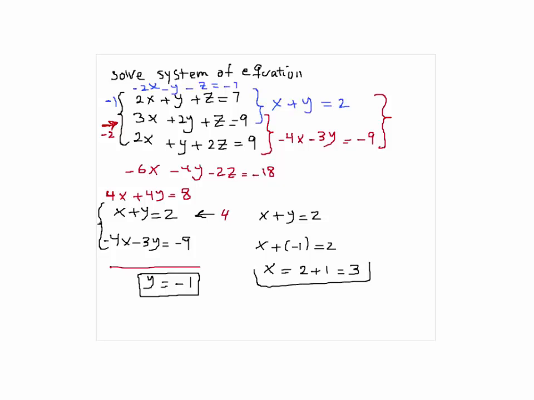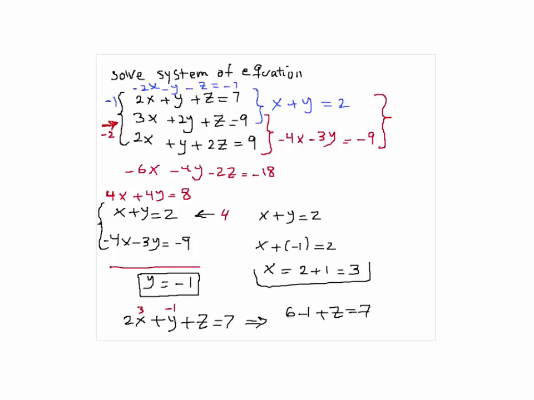Now I can go back and substitute that into the first equation, 2x plus y plus z is equal to 7. If I substitute 3 for x, and negative 1 for y, I can easily solve for z. So in this case I get 6 minus 1 plus z equals 7.